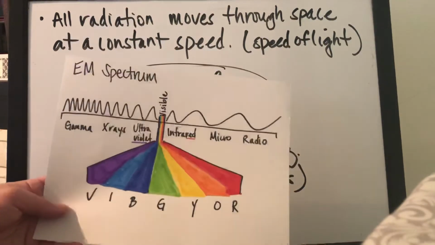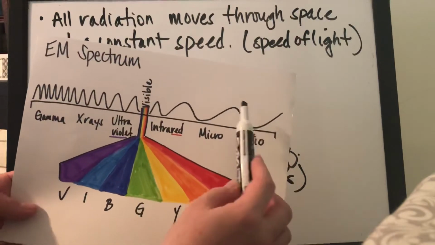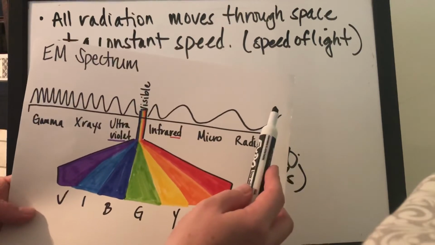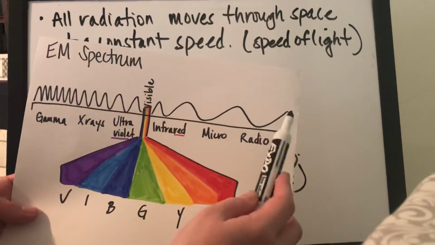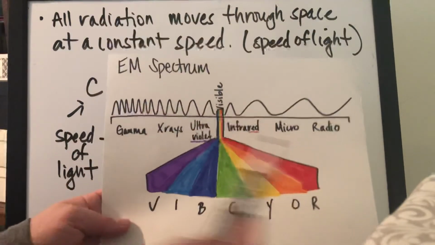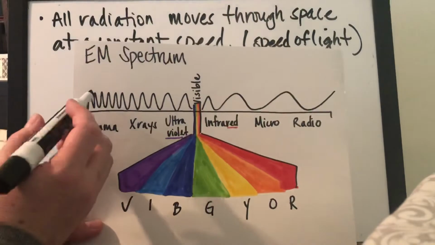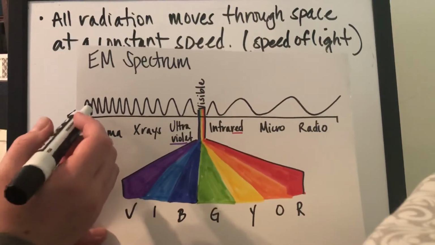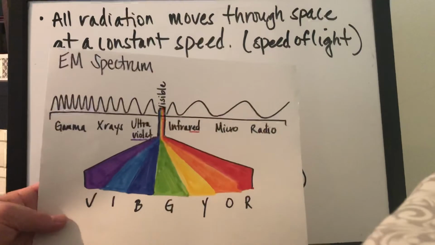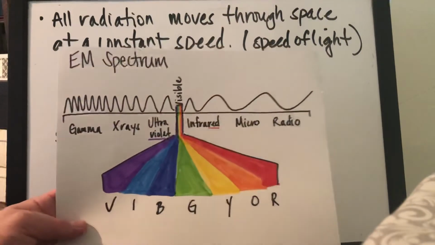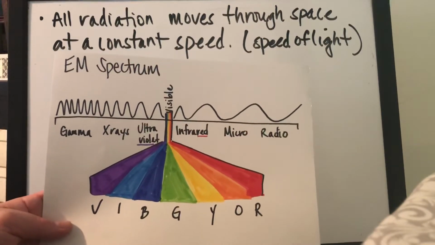What we can now label is that this side of the spectrum has a very large wavelength, which means it would have a very small frequency. Large wavelength, small frequency, which is the reverse of this side of the spectrum. This side of the spectrum has a very small or very short wavelength, but a very large frequency. So it's very important to know, because you could be asked a question like, which type of light has a larger wavelength, microwaves or ultraviolet.